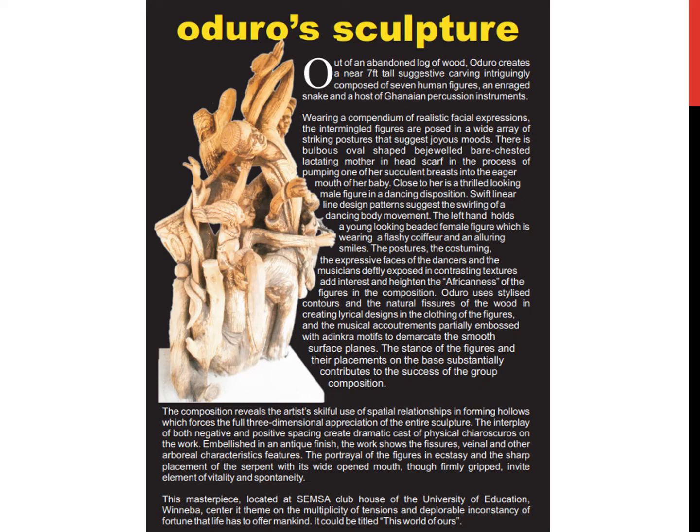Embellished in an antique finish, the work shows the veins and other arboreal characteristic features. The portrayal of the figures in ecstasy and the sharp placement of the serpent with wide open mouth, though firmly gripped, invites elements of vitality and spontaneity.